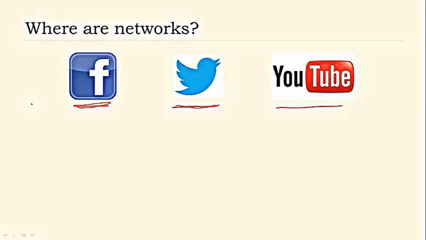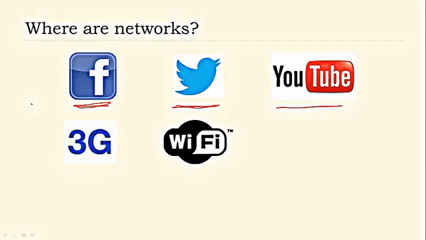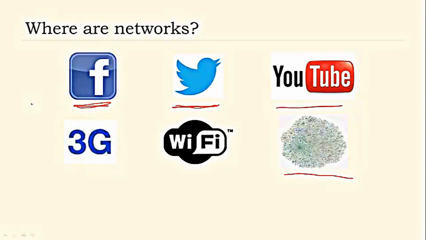We also have technological networks like cellular or 3G, maybe 4G that you might use on your smartphone. We have Wi-Fi, for instance, on your smartphone or on your laptop device. And we also have the internet, which is basically where all of these tasks run on top of. So you see we have a wide variety of technological networks, with 3G, Wi-Fi, and the internet being just three examples.